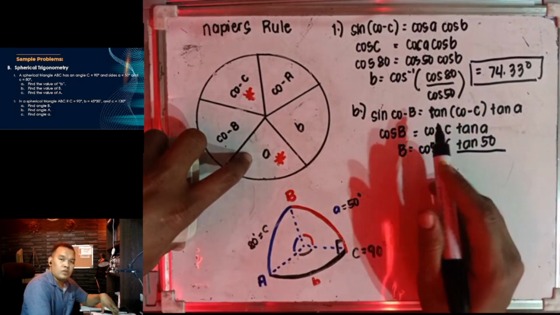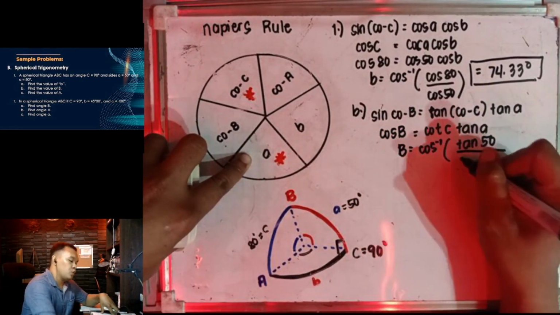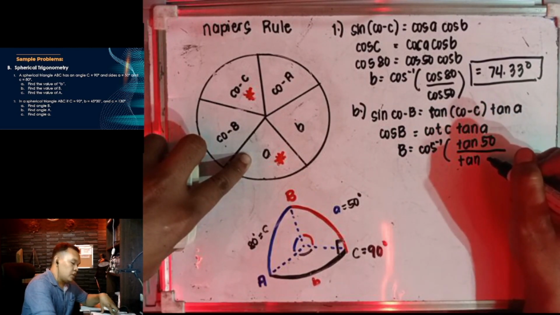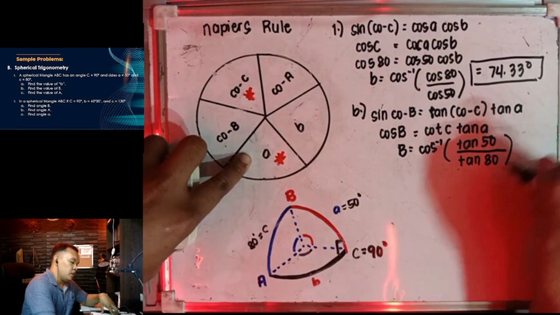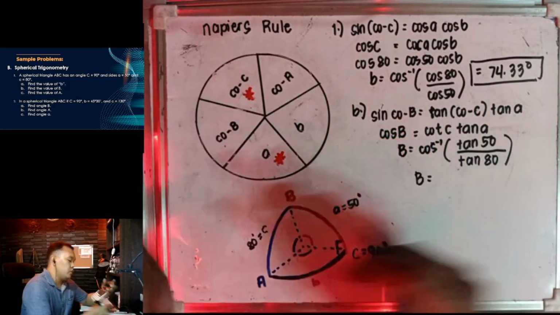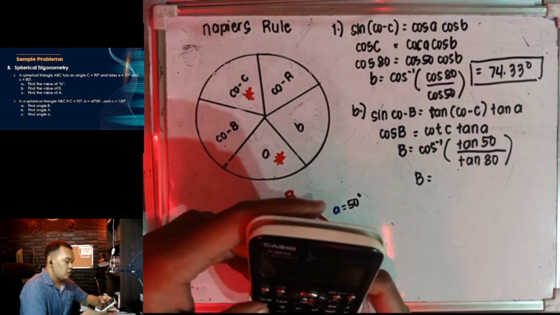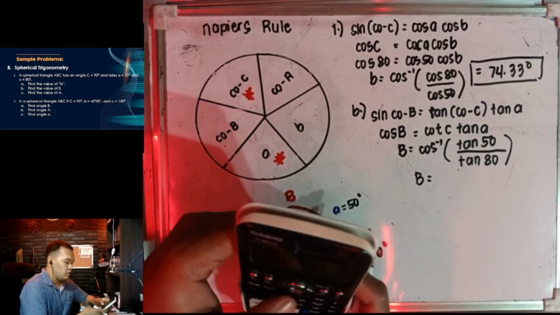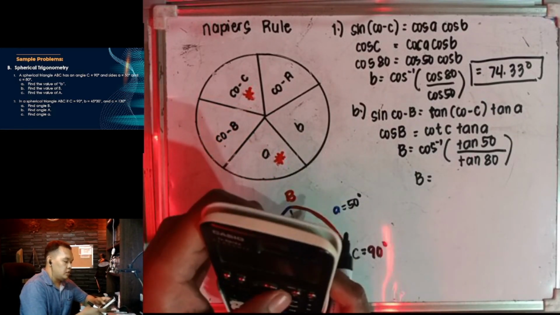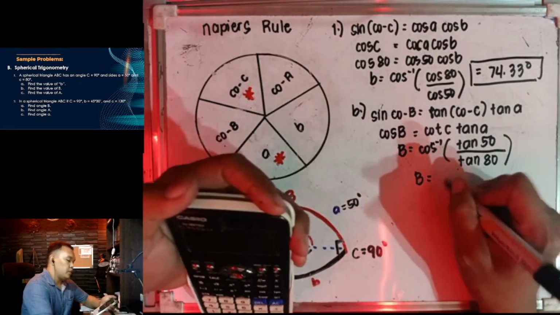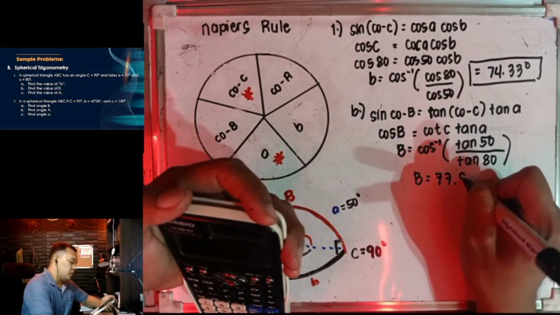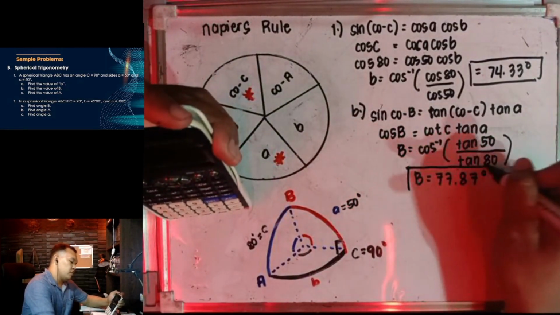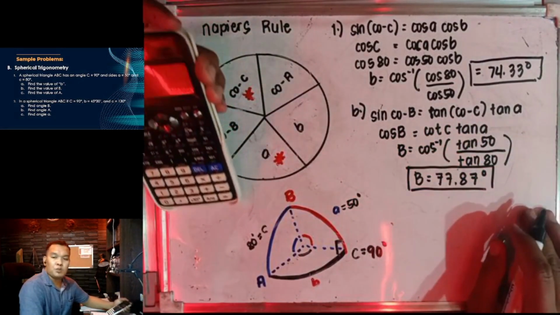Then, we all know that cotangent is 1 over tangent. So, we say na tangent 80. Okay? So, capital B is equivalent kay arc cosine tangent 50 all over tangent 80. So, we have here 77.87 degrees. So, yan yung value ng capital B.